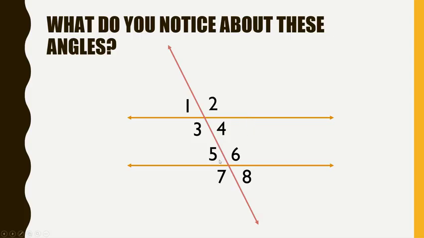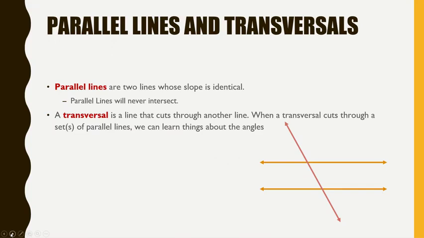Let's look down here. Number 5 is an acute angle. 8 is an acute angle. 7 is obtuse, 6 is obtuse. So it looks like 5 and 8 are congruent, and 6 and 7 are also congruent. There is a theorem when you have two parallel lines whose slope is identical, which would be these two horizontal lines right here.